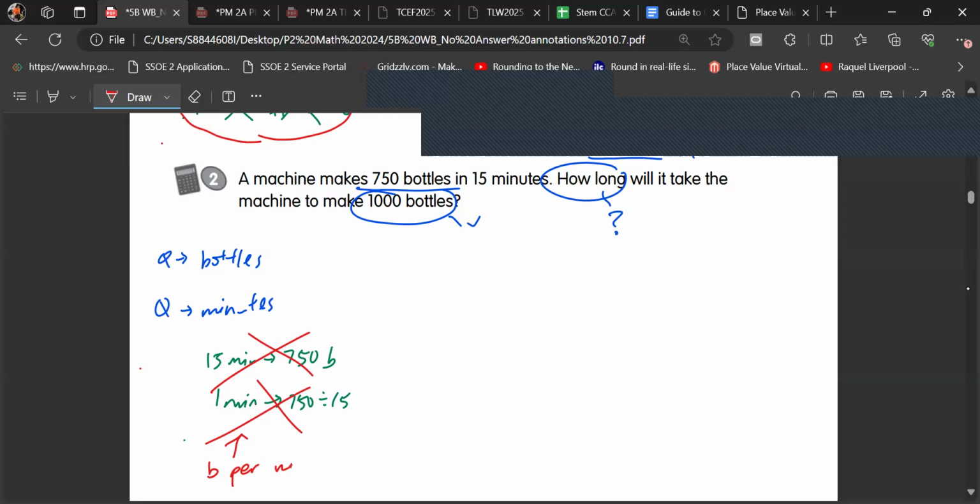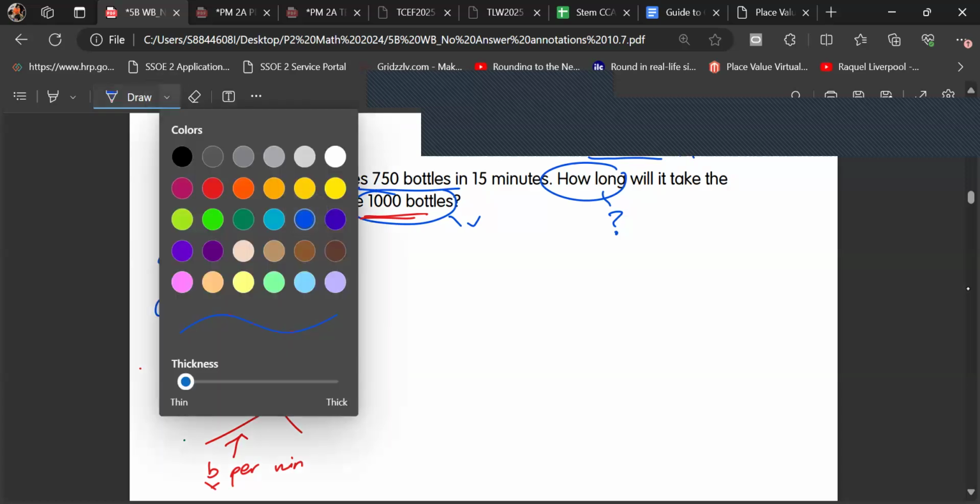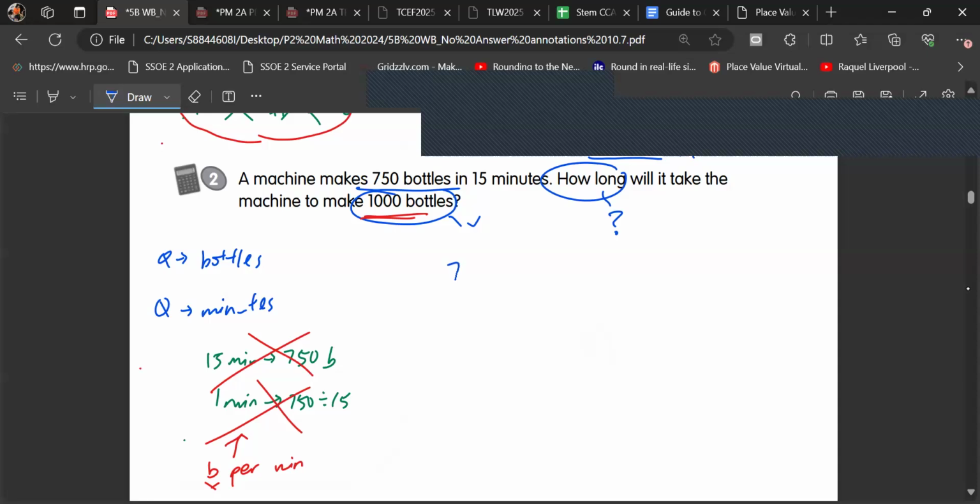But we do not need to find the bottles. The bottle is given already. I don't need the bottles. What I need is the time. How long will it take? I'm not asking for the answer. So what I want to see is, you are writing, so 750 bottles is 50 minutes. My question for you is, one bottle, how many minutes?